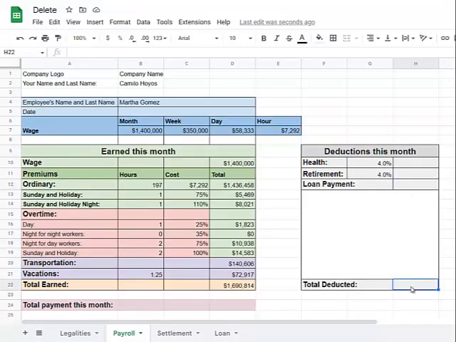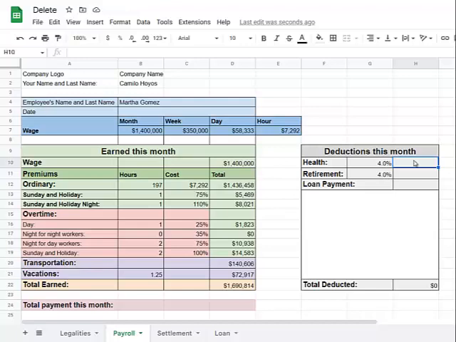Total deduction is going to be equals the sum of, so open parentheses, of all these three. Then close parentheses, enter. So now let's calculate how much this person has to pay for health.